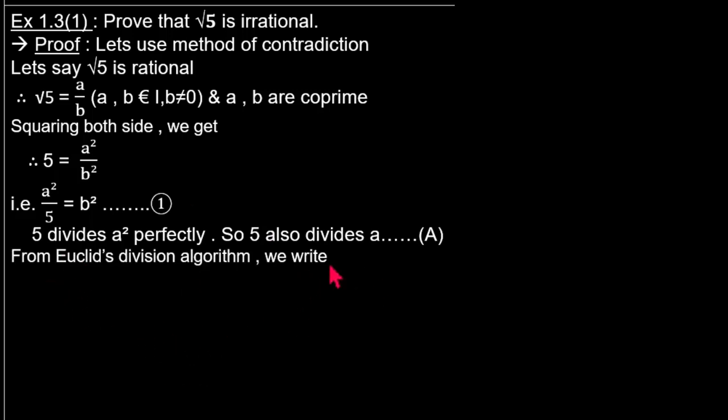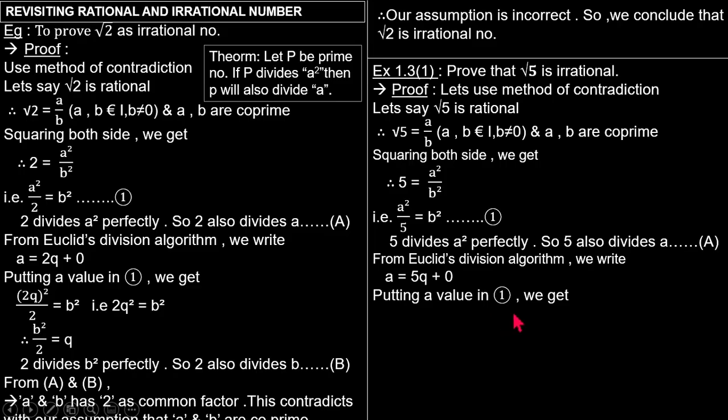From Euclid, since 5 divides a, we can write a equals 5q plus 0. Put it in equation 1. Again, a is 5q, so a square is (5q) square. So (5q) square by 5 is equal to b square. The 5 gets cancelled, so we get 5 into q square equals b square. We can rearrange this and write b square by 5 equals q.